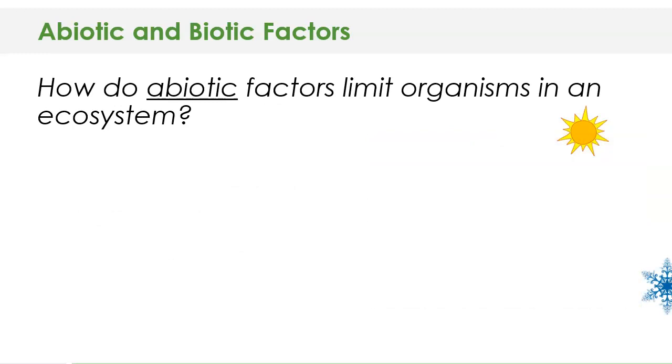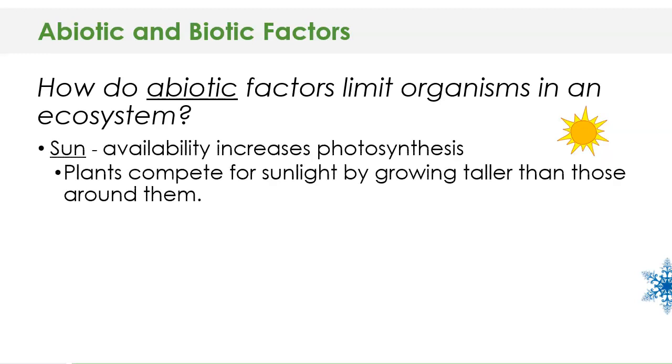Let's start taking a look at how some abiotic factors limit organisms in an ecosystem. We've been looking at living things and how they can limit other organisms, but now we're going to take a look at how abiotic or non-living factors can actually limit organisms. So for instance, the sun.